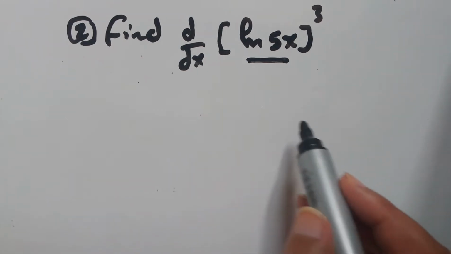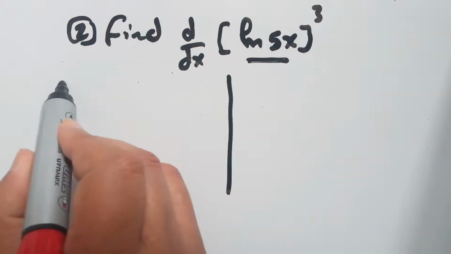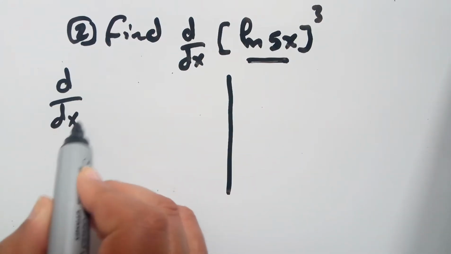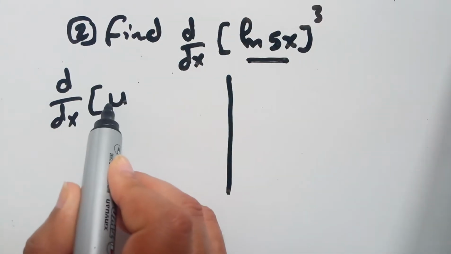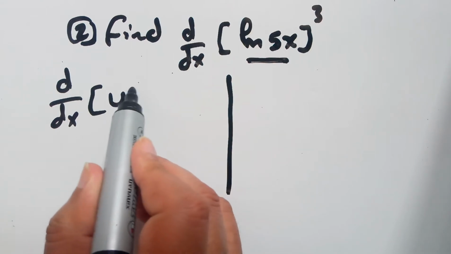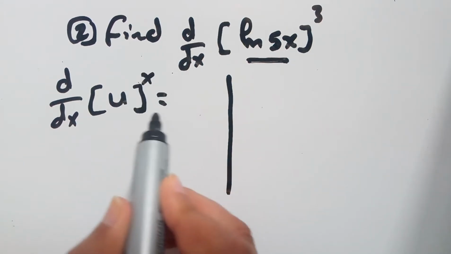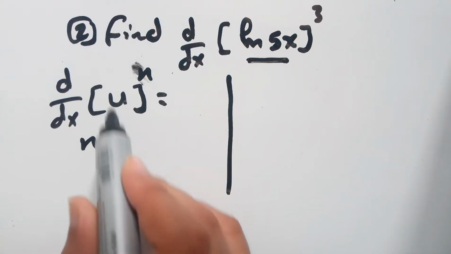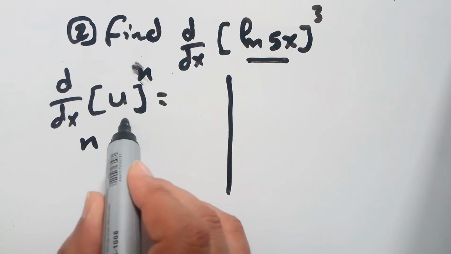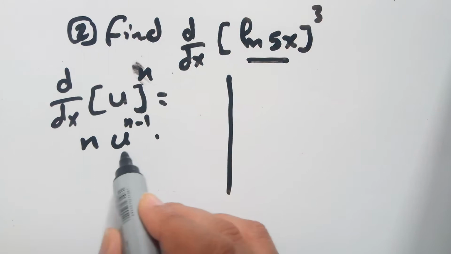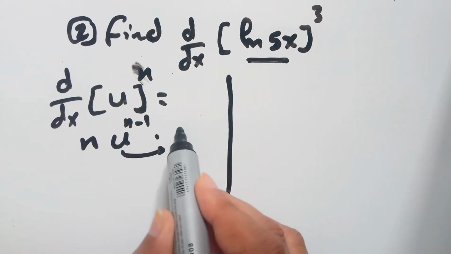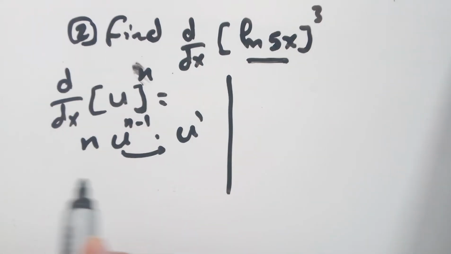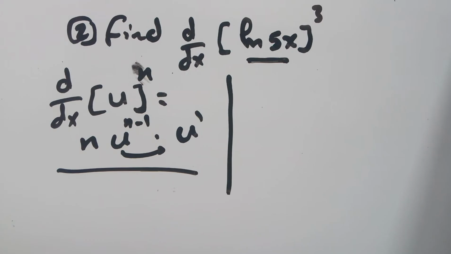Then you can use the chain rule. You remember that d/dx for u, a function of x raised to power n, is n multiplied by u to the power n minus 1, then multiplied by the derivative for the inner function, u prime. This is the chain rule or the general power form.